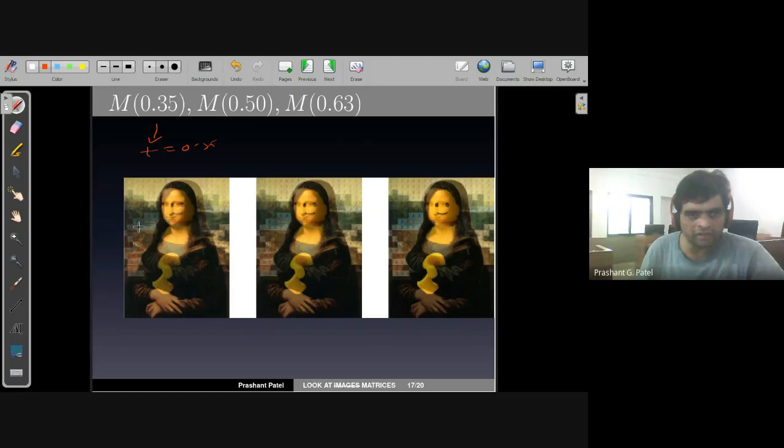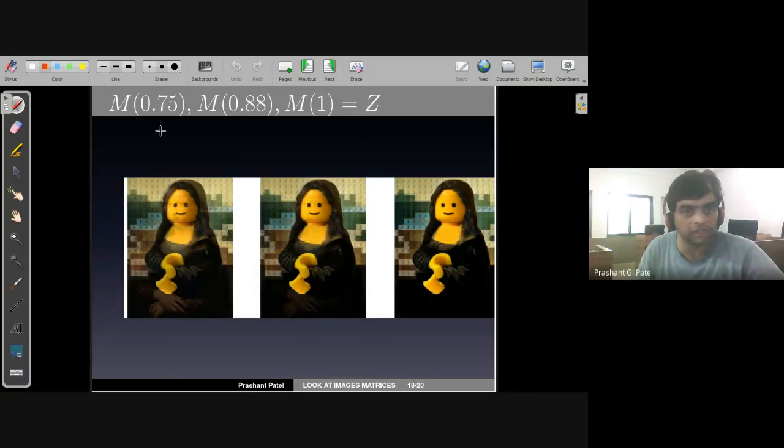Now we can see that the Mona Lisa picture turns into a doll like this. If T is 0.63, and if you increase the value of T more, to 0.75, 0.80 and 1, then we can see that it converts into this. So this linear combination of two matrices forms these results.